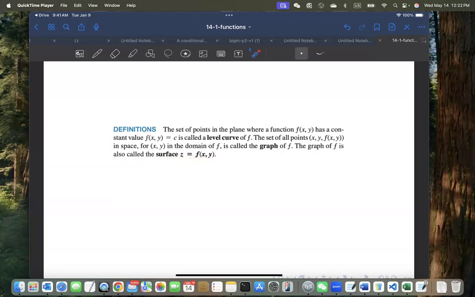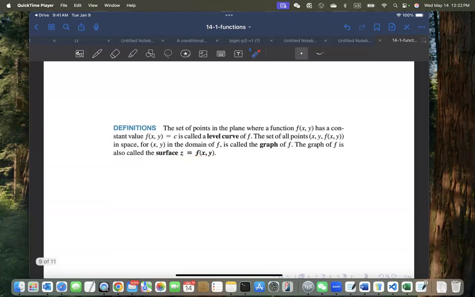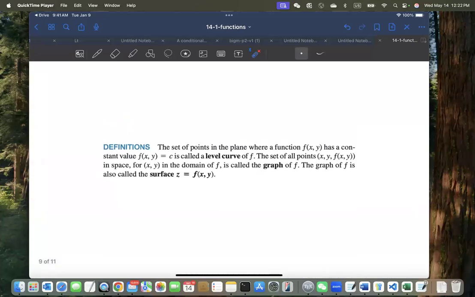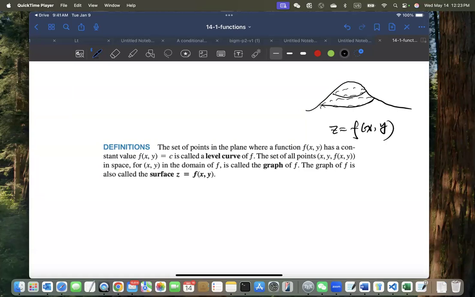So what it means is, we can think of a mountain surface. A mountain surface usually looks like, for example, this. We can model a mountain surface as z equals f(x,y), where z is the height of the mountain at a given x, y coordinate.